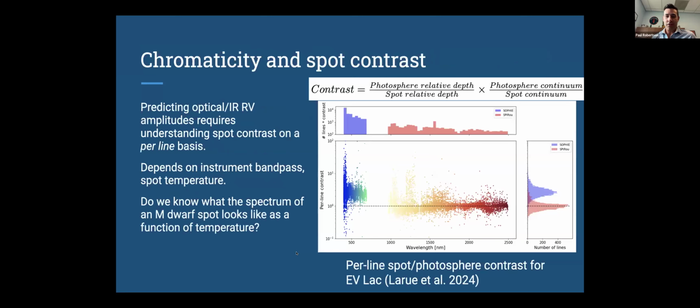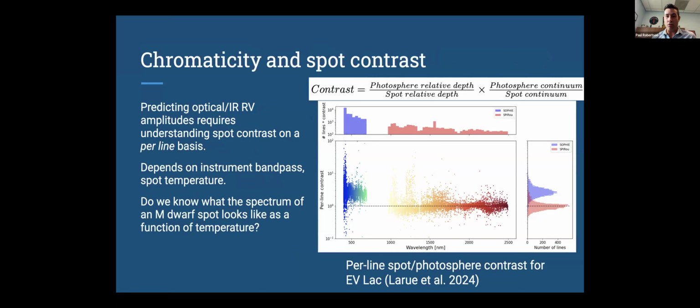This seems to have something to do with the per line contrast between a spot and the photosphere. This is a result that was discussed at the EPRV meeting this summer. And I don't think those talks are available yet, but I encourage you to check it out.